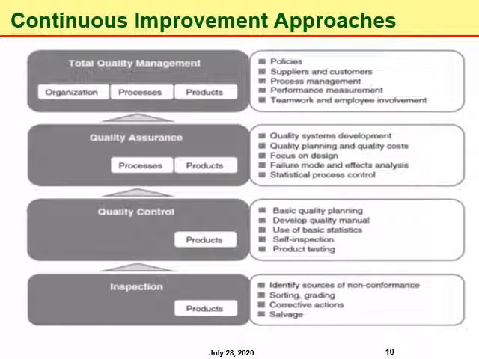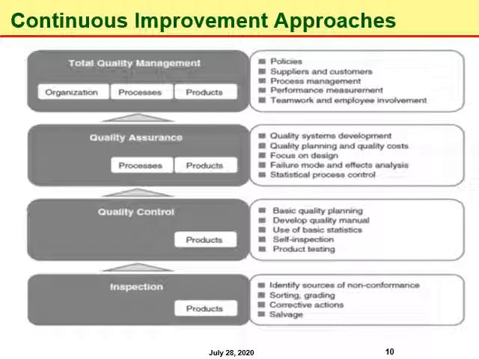This figure shows the evolutionary development of TQM from inspection to quality control, and then to quality assurance, and finally to the TQM. In brief, the main focus of an inspection is to identify and sort out products with defects.